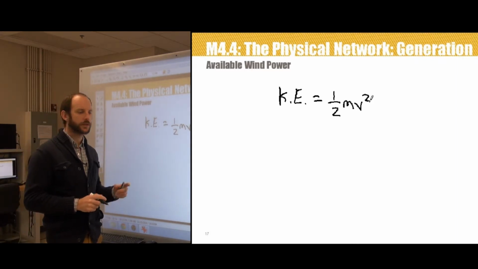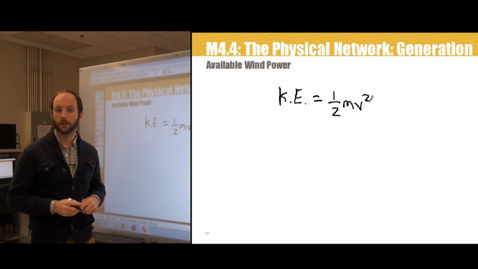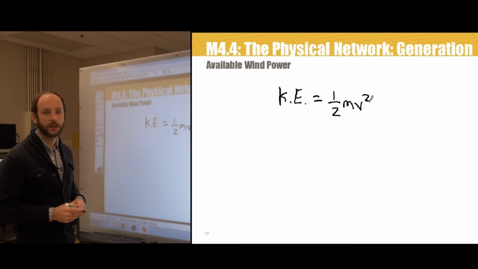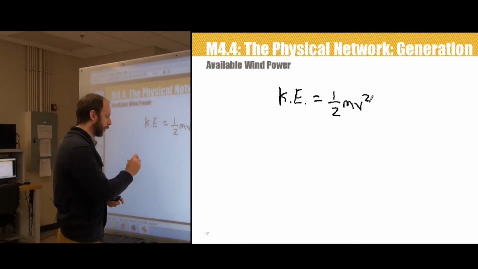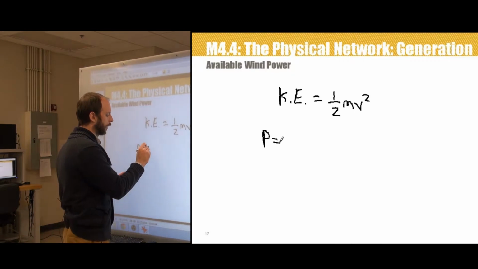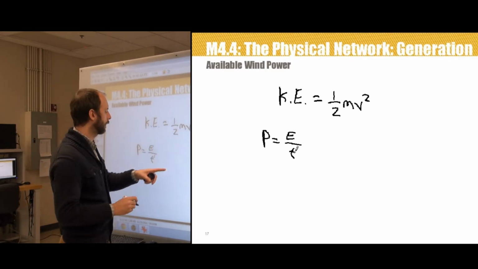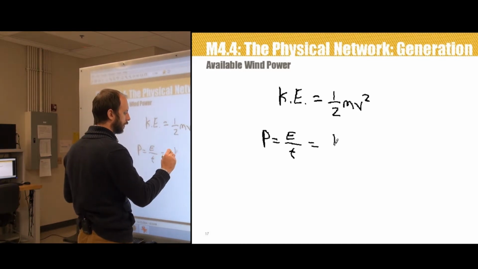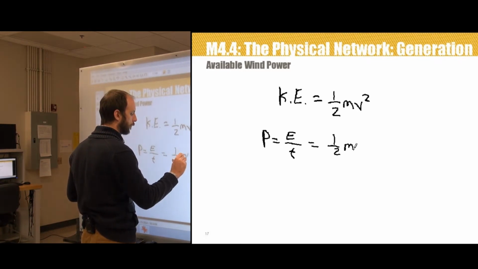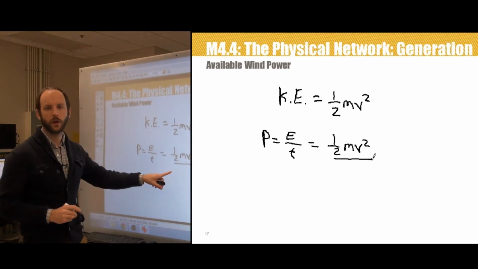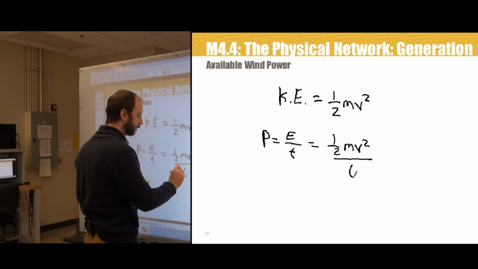If we take this and ask what's the power of the mass of air moving at a velocity v through an area A, power is equal to energy divided by time. So we get 1/2 mv squared, the mass of the air moving through the area times the velocity squared, divided by time.